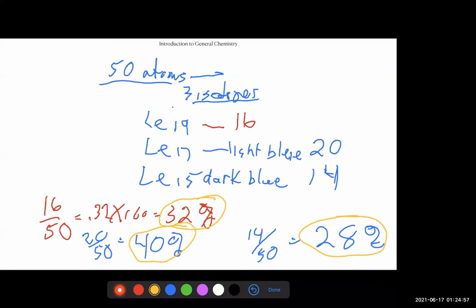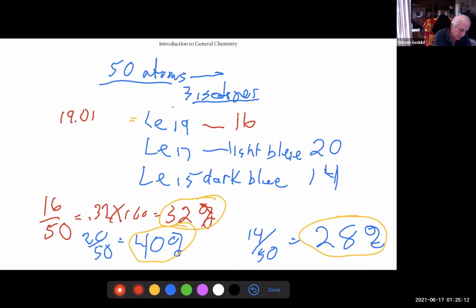Okay, so my next question is still on the one we were working on, but it's another part of the question. It says Le19 has an atomic mass of 19.0134 AMUs.